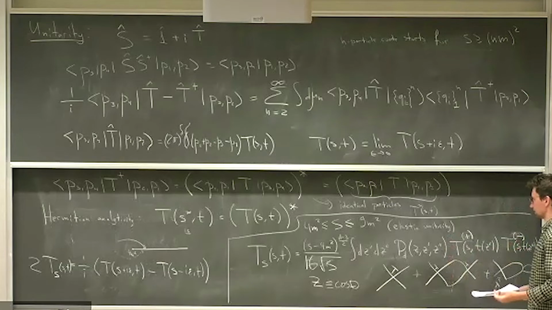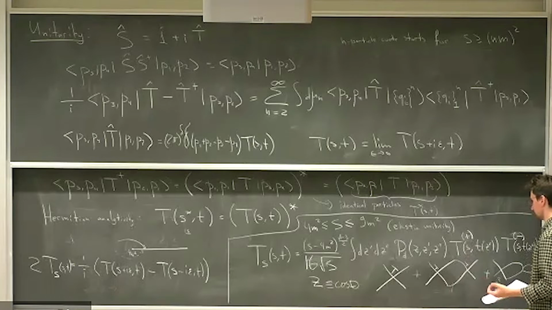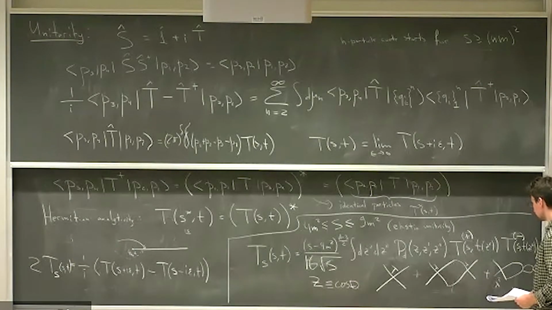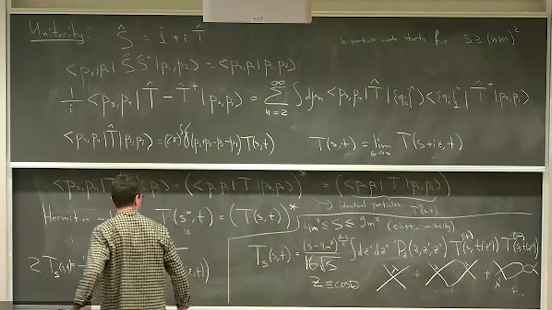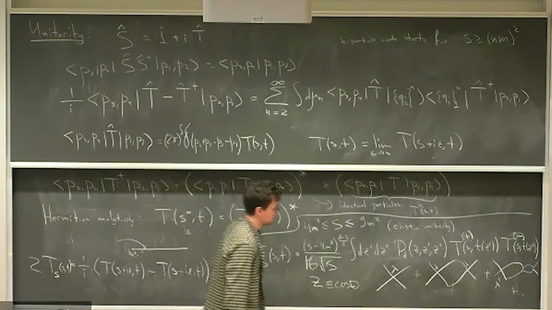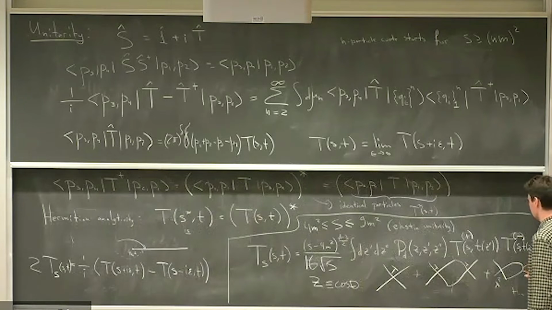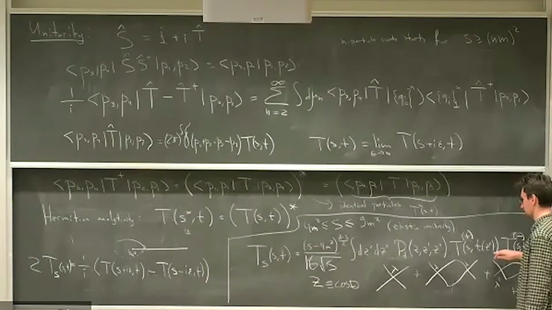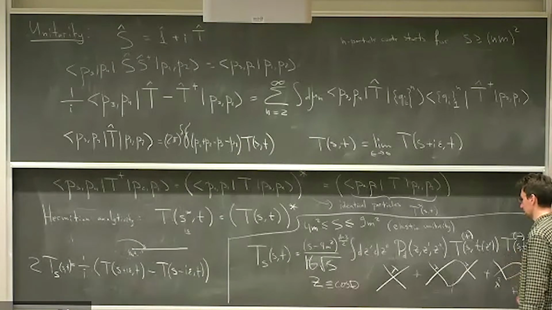So you can ask, okay, what do we have to add to the series, or how do we define it non-perturbatively so that this equation is satisfied? And this, I think, is a very interesting question. You know that Feynman graphs produce the perturbative solution to this equation. What are the non-perturbative solutions to this equation? This is something that has been studied.